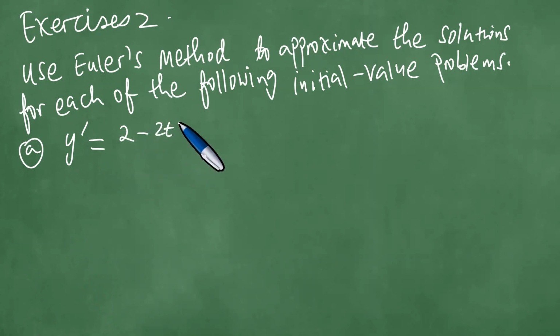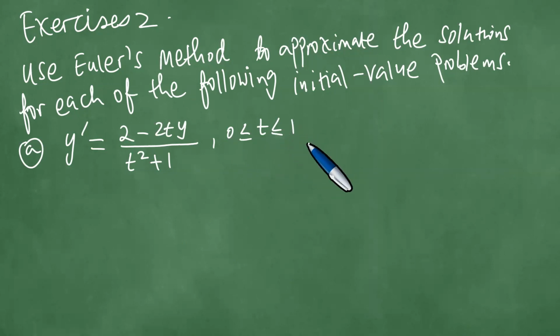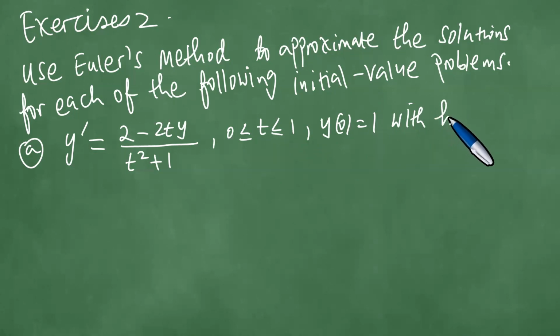These are just rational functions, but there's nothing different. The prescribed book just gives different functions, but it's still Euler. So you have y0 is 1, with a few more steps because h is 0.1. Because h is 0.1, t is going to go up to 1: 0.1, 0.2, 0.3, and so on. Just note that.